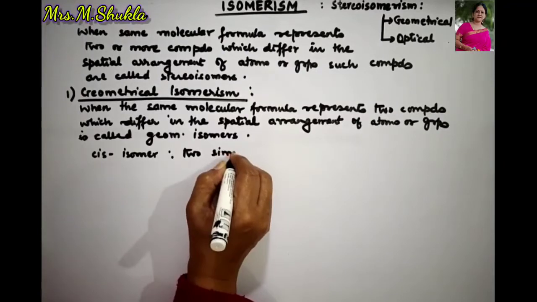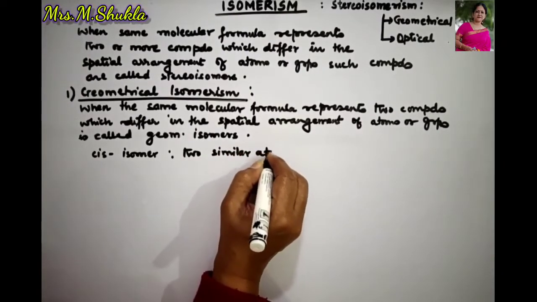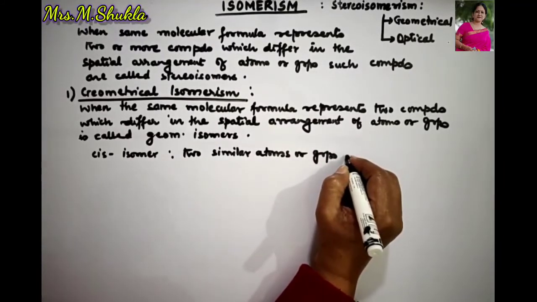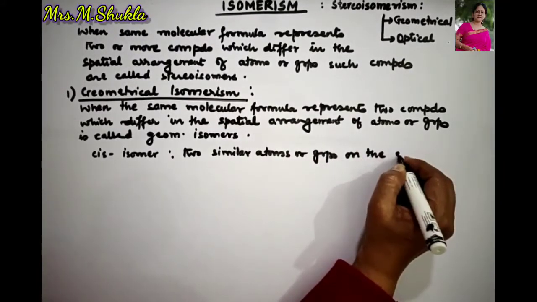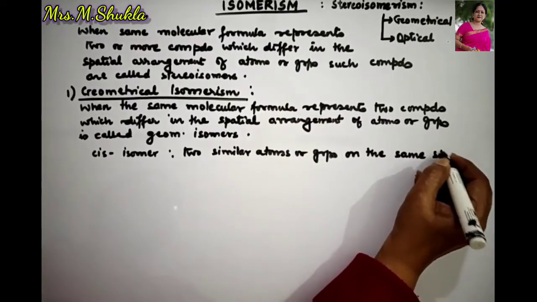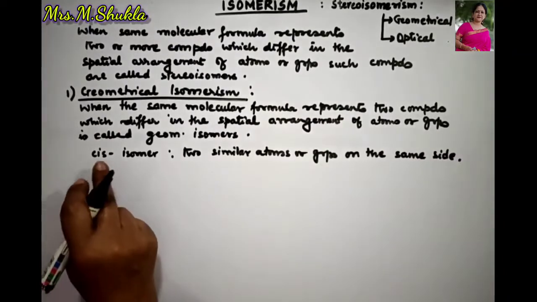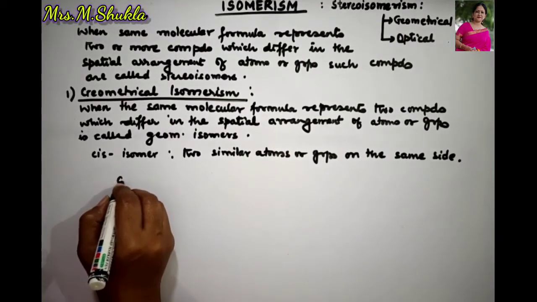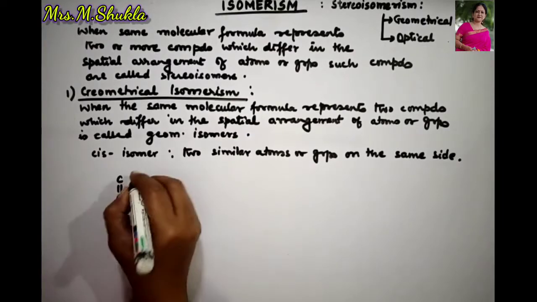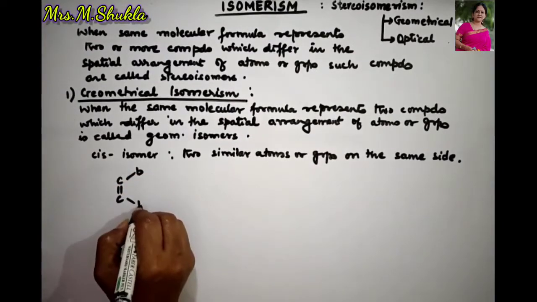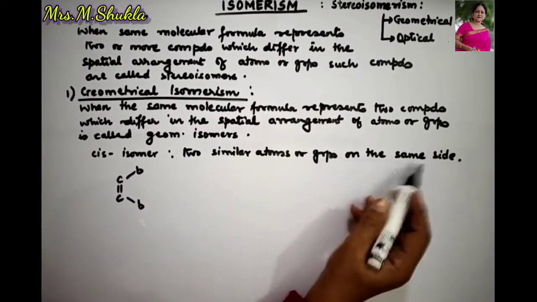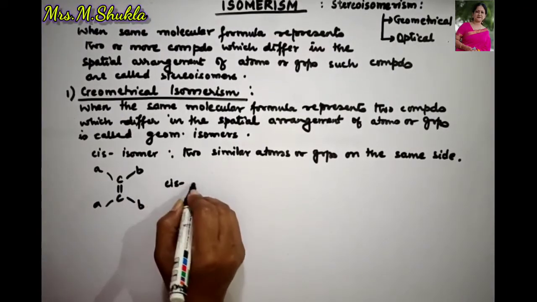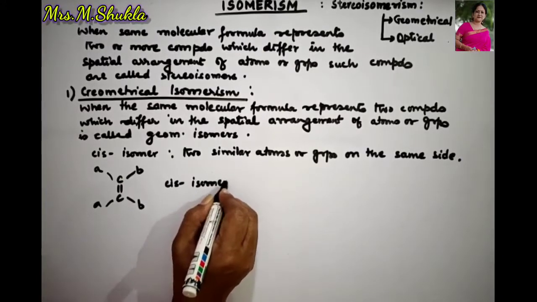Two similar atoms or groups on the same side, okay, then they are termed as cis isomer. For example, you can take like this: carbon, double bond carbon, this is B, then this is also B. Two similar atoms on the same side. If this is A, then this is also A. This is your cis isomer.